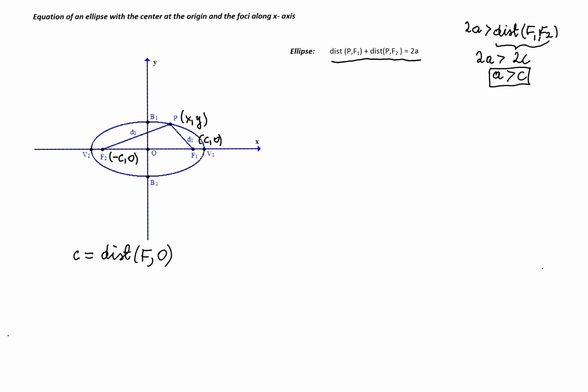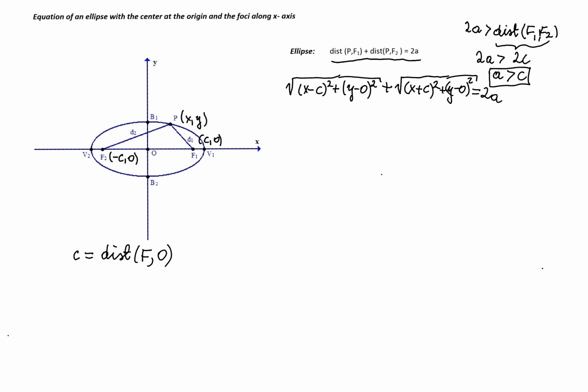The first distance is going to be the square root of the difference of the first coordinates, x minus c squared, plus the difference of the second coordinates, y minus 0 squared, plus we add the distance between point P and f sub 2, which will be x plus c squared plus y minus 0 squared, and this sum is supposed to be 2a. This is the equation of the ellipse. This is the relationship between x and y of any point on the ellipse.